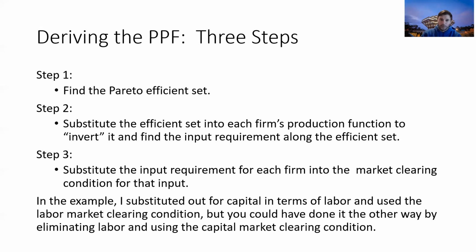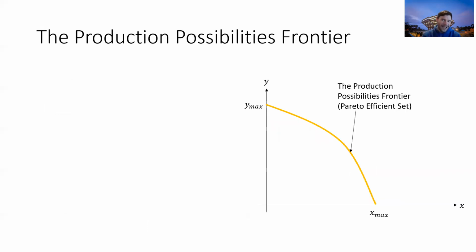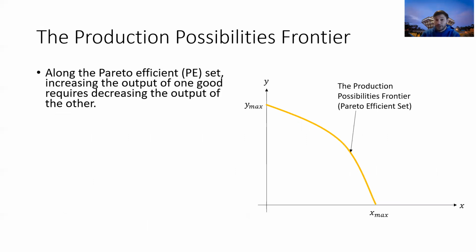Okay, so we've gone through, we thought about graphically deriving the PPF, and now we've seen a numerical example of how to do this by invoking some calculus tools and some reasonable logic regarding the efficient set. We also recognized a moment ago that as we change the returns to scale, it caused the shape of the PPF to change in a way that affected the nature of opportunity cost between the two goods.